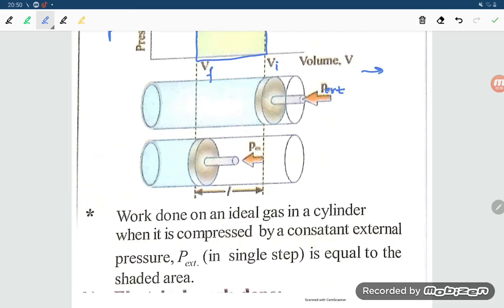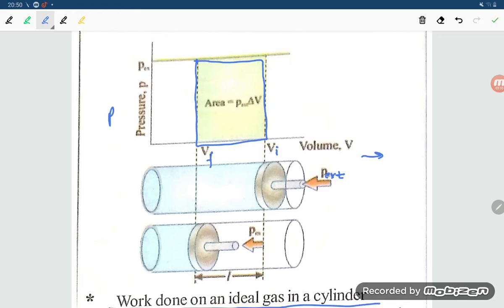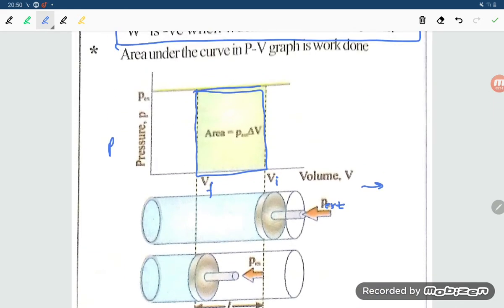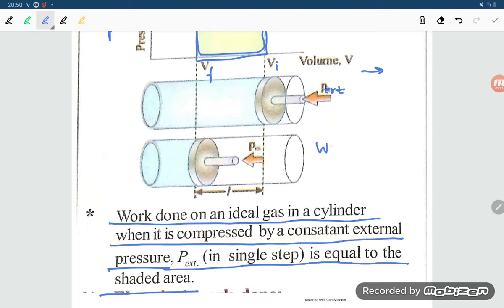The work done on an ideal gas in a cylinder when it is compressed by a constant external pressure P external in a single step is equal to the shaded area. This shaded area represents the work done. So W is equal to minus P external delta V. This is the work done on the system for the compression of the gas.